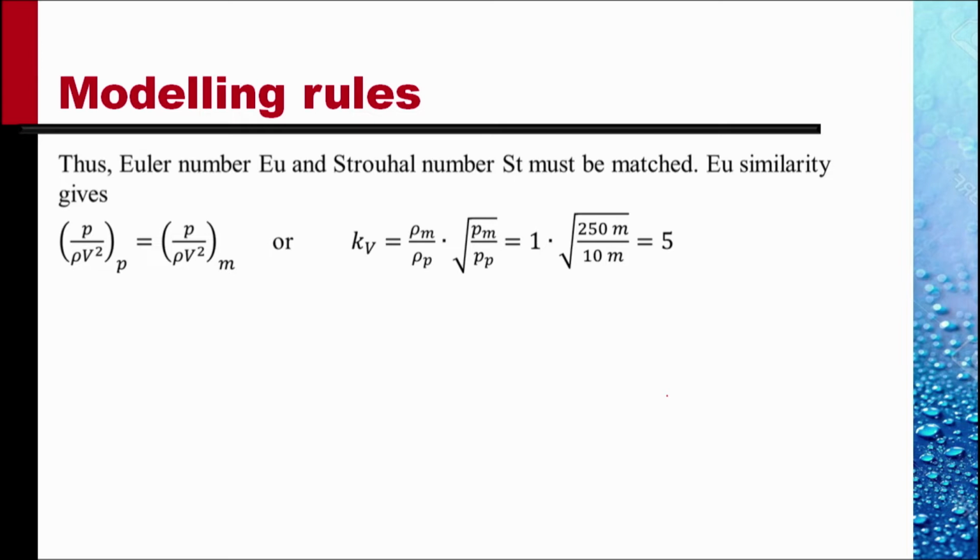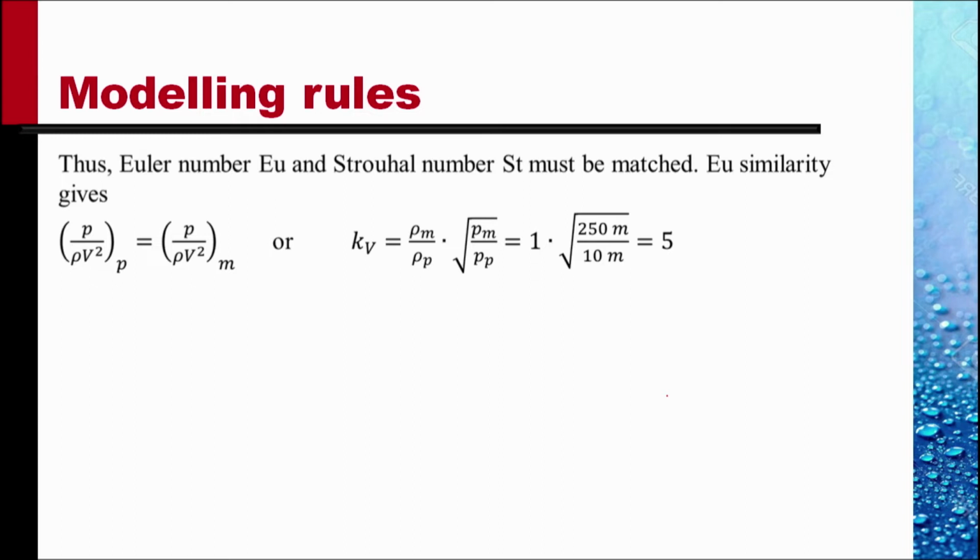The Euler number similarity gives P divided by rho V square for the prototype should be same as that for the model. And from this, we obtain Kv is equal to rho m by rho p into under root Pm by Pp. Rho m by rho p is 1 since we are using the same fluid, so the density is same.